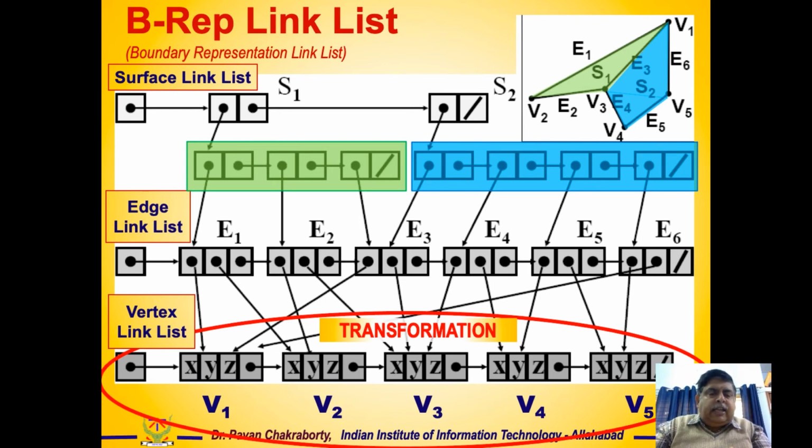Whatever transformation I use, linear, nonlinear, or any other transformation, I will implement it on the vertices and not on the edges, not on the 3-dimensional object. So this is called a B-representation linked list.